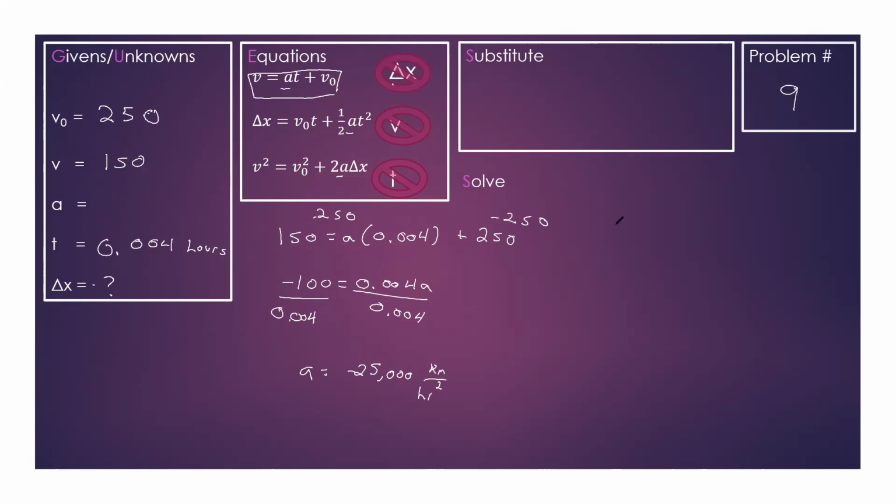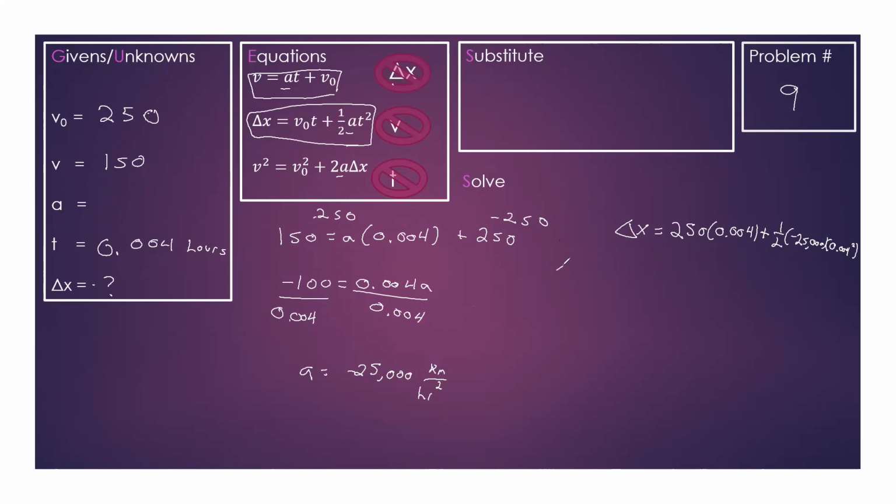Now we can use this equation and solve for delta x by saying delta x equals v naught times t plus 1/2 a t squared. Trust me that that's 0.004 squared.